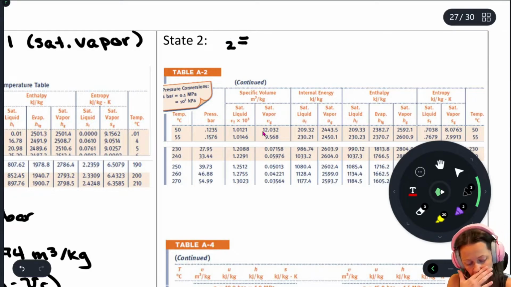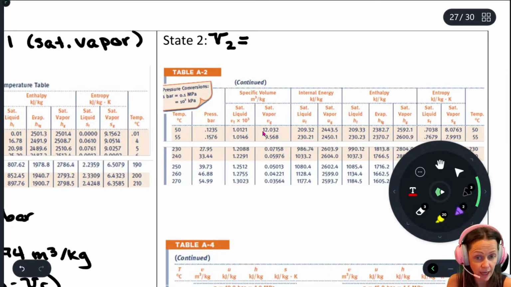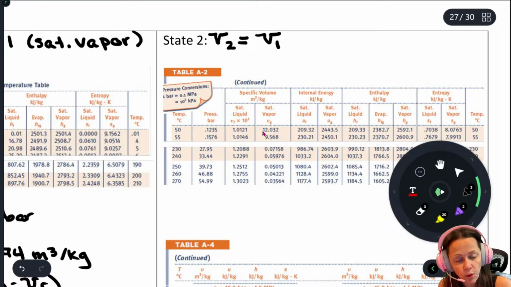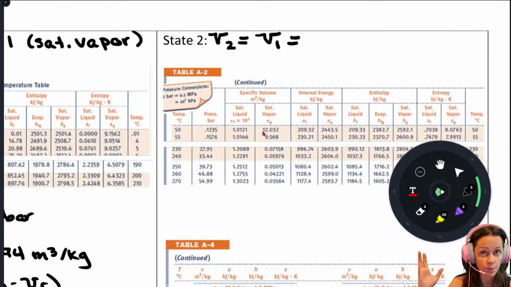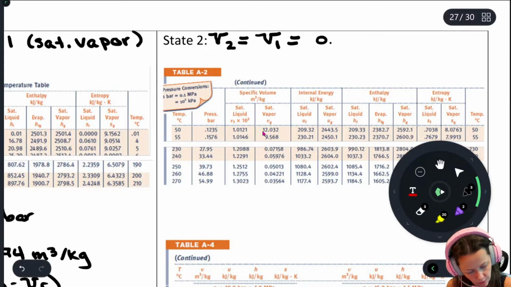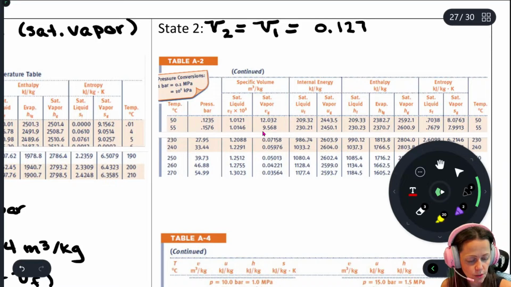So let me erase that. My V2, I do know that because it's the same as V1. It's a rigid tank. Volume's the same, specific volume is the same. So 0.1274 meters cubed per kilogram. And then the other thing that they told us is what the temperature is.